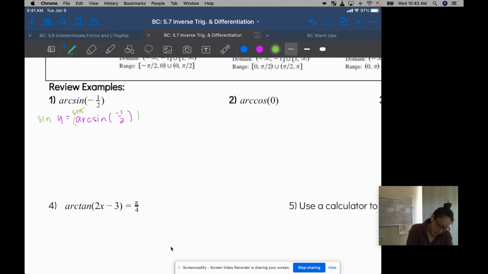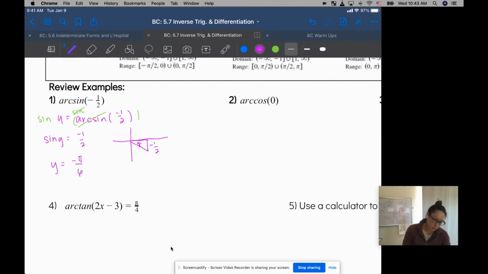So the sine and the arcsine cancel, and that gives me sine y is equal to -1/2. Okay, and then I just remember from trig that a triangle with a -1/2 height or y value, so if that's y, the angle y would be negative pi over 6.